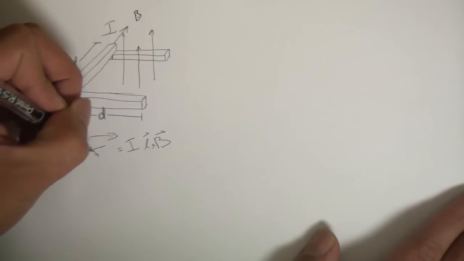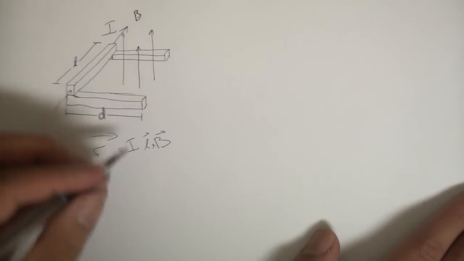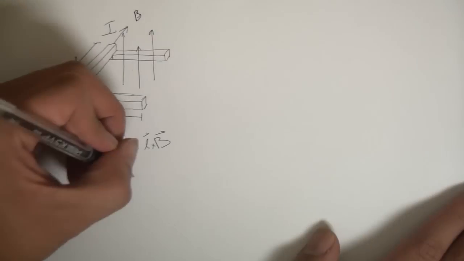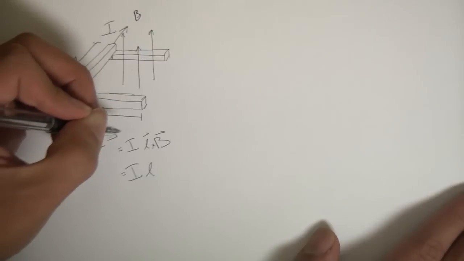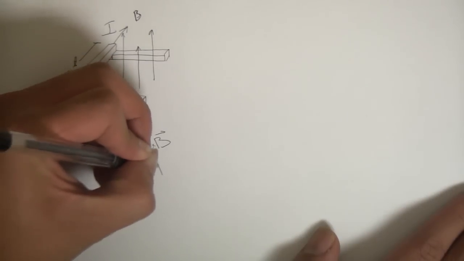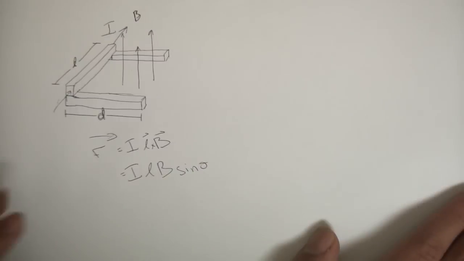Right, so first thing, we simplify the cross part. So we get the current times the length times the magnetic field times sine theta.